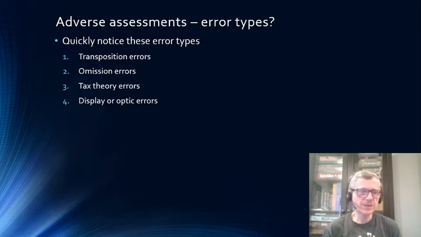Tax theory errors, those are rare, but I've seen them occur both by the fellows that are supposed to assess your return, and in some cases by tax professionals, and even software is not perfect, but they're more rare.